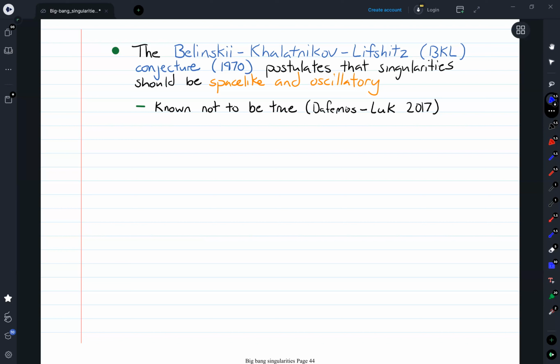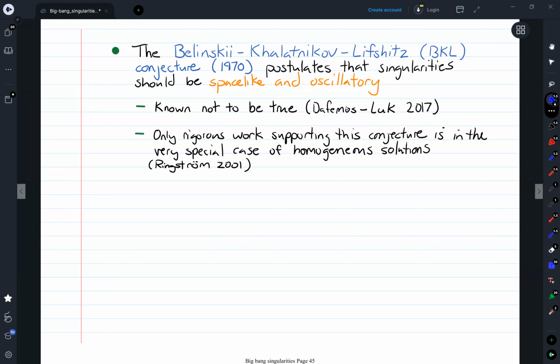Now, one thing is for sure: this is known not to be true in as wide a generality as they say. This is due to De Fermos and Luke, who showed that there exist non-space-like singularities and open sets of initial data that lead to these. So this can't be completely true.